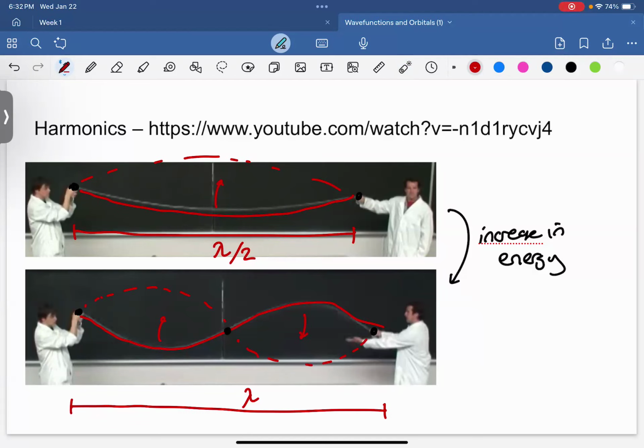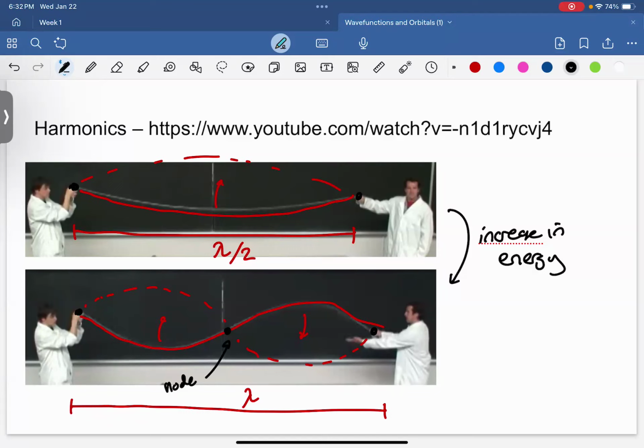These two sides will be out of phase with each other, but there will be a point right in the middle that stays fixed at 0. And so that point that's fixed at 0 is a new node that has been added to the wave function of this standing wave in this string or spring or whatever.